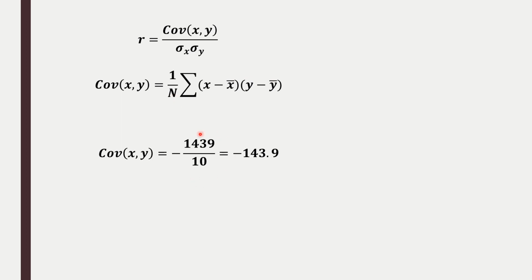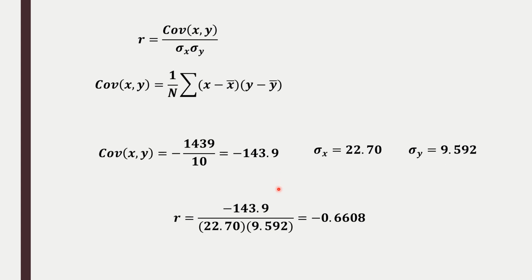N is given as 10. So we will get -143.9. So R will become, this is already given, R is equal to covariance upon sigma X sigma Y. That comes out to be -0.6608. Again, negative correlation and the value of R lies between -1 and +1.